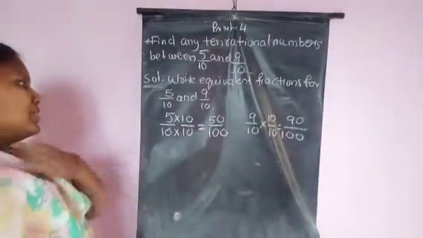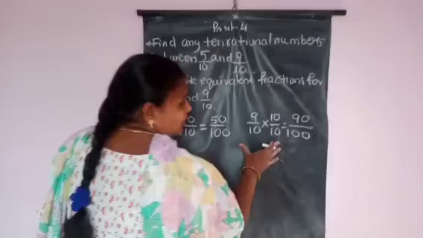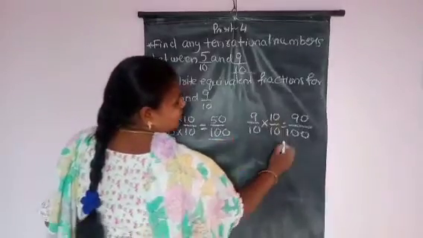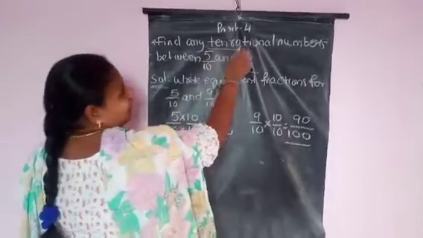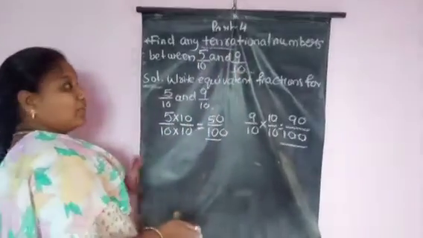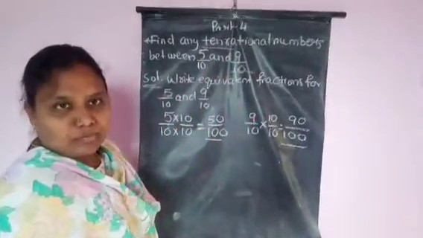Now these are our fractions. So we can write 10 or 100 rational numbers between these.